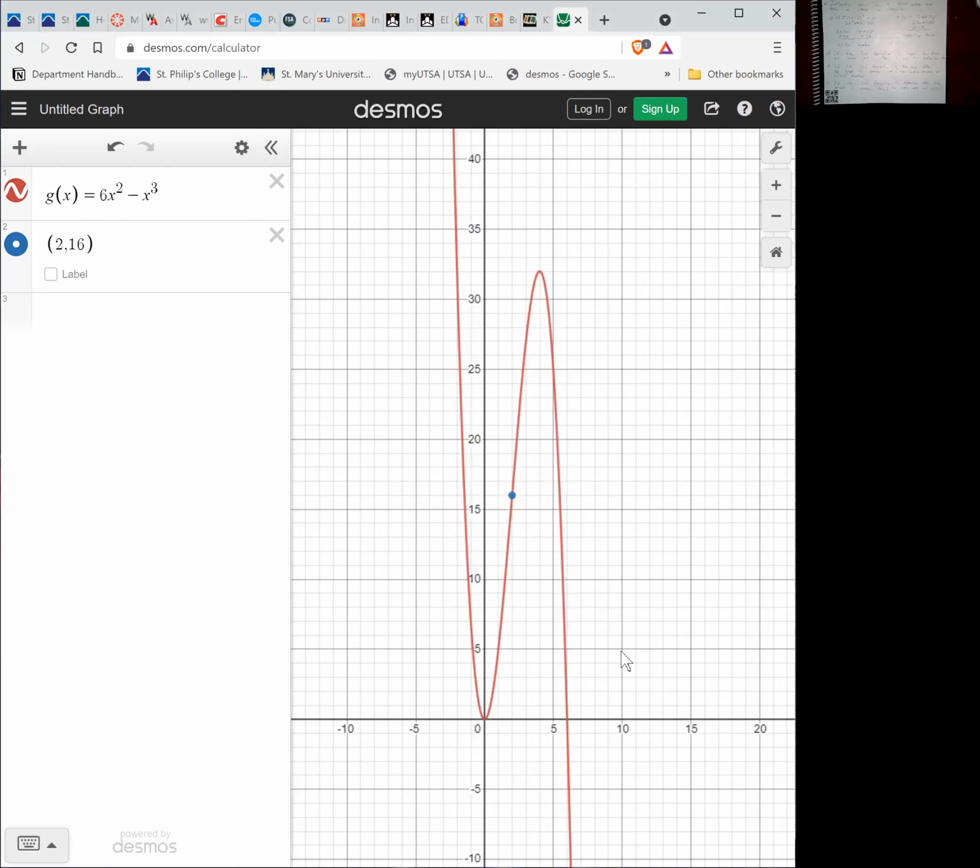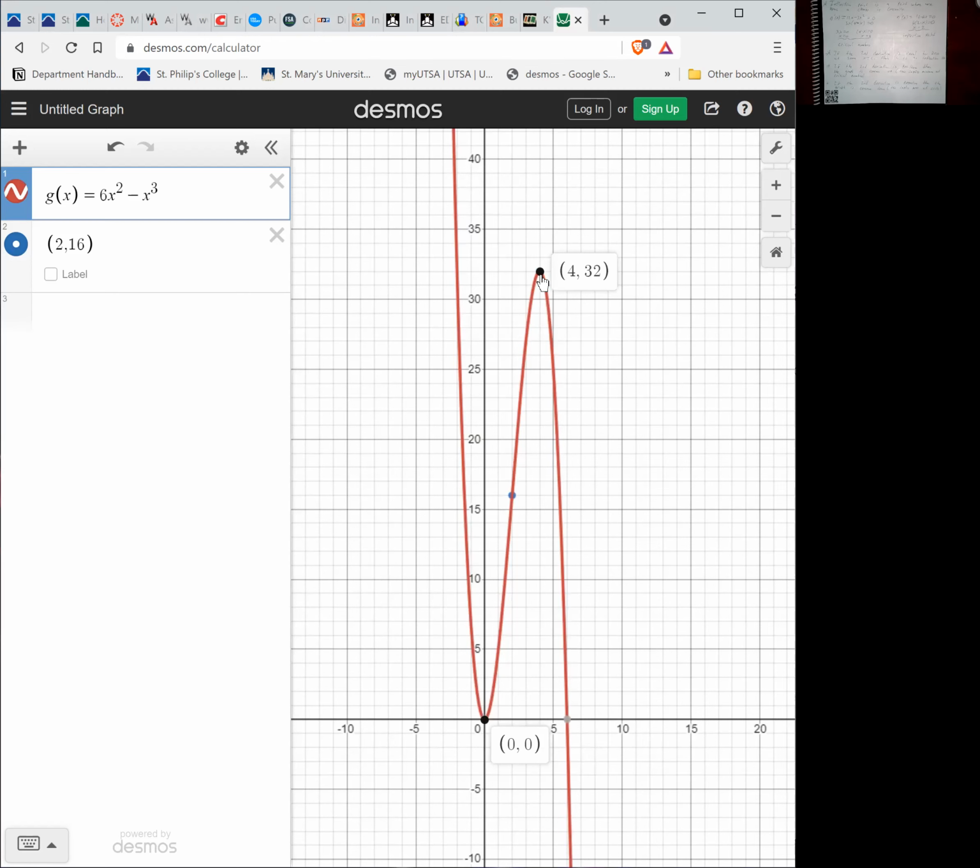So now let's look at the picture. I'll leave this up for a second. Here's the graph. So we had critical numbers at 0 and 4, right?